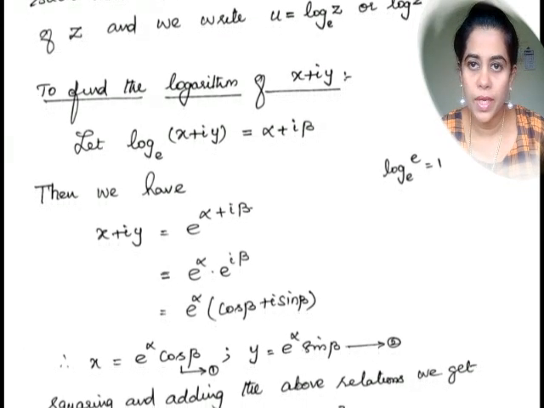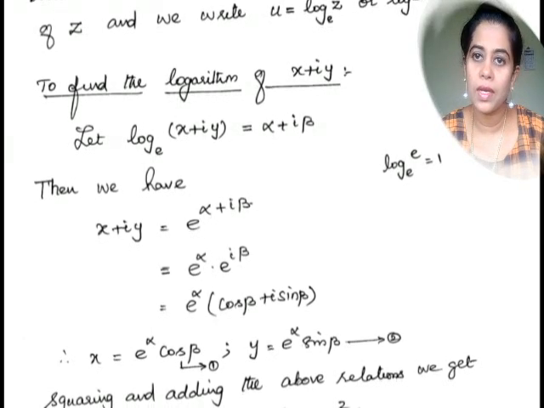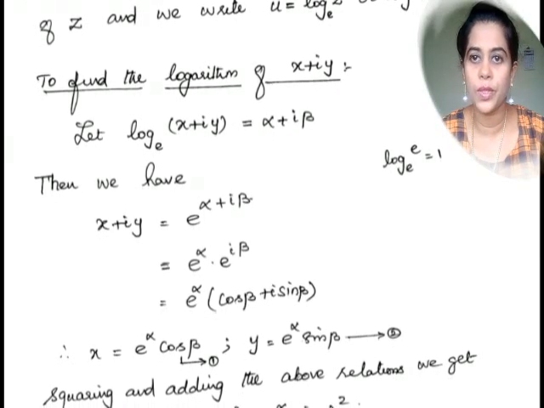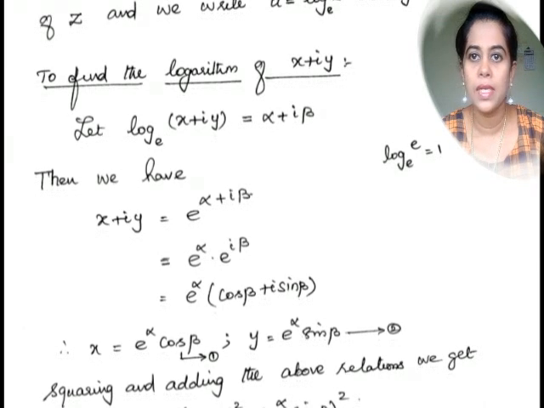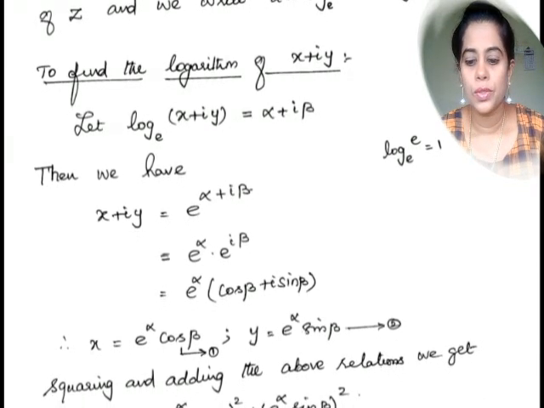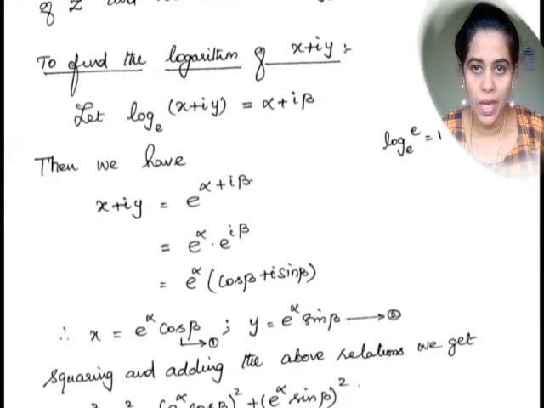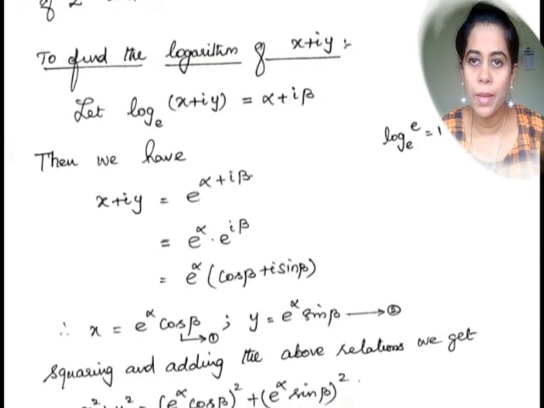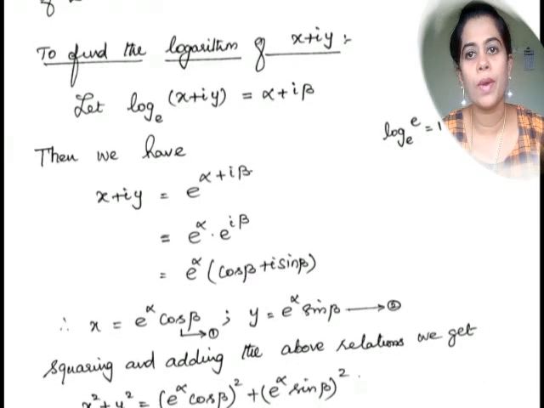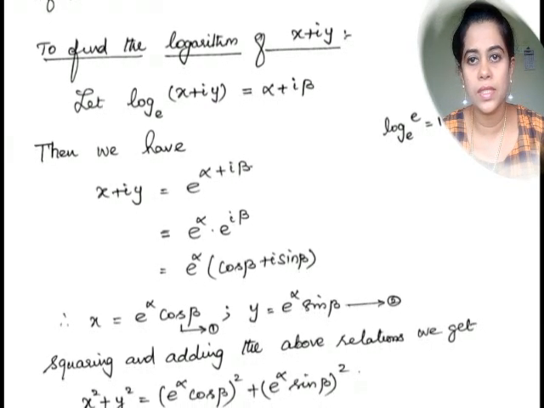Then this can be written as e power alpha into e power i beta, because the power can be written as the sum of two terms. What is e power i beta? E power i theta is cos theta plus i sin theta.